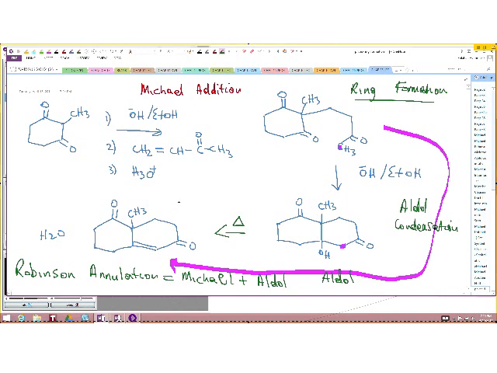Okay, this is what we call a Robinson annulation. Now, this particular molecule here, this ketone here, we also refer to as Wieland-Miescher ketone.